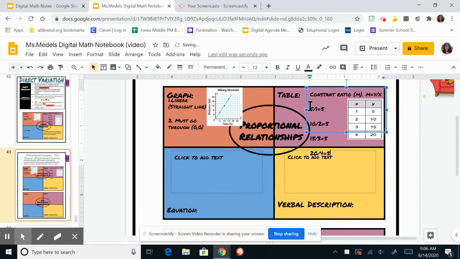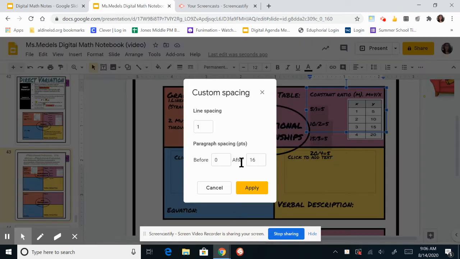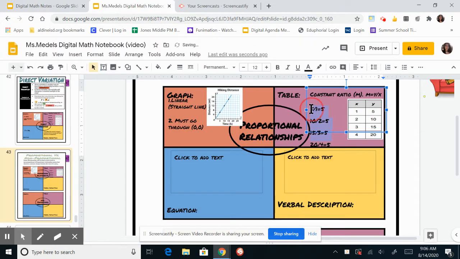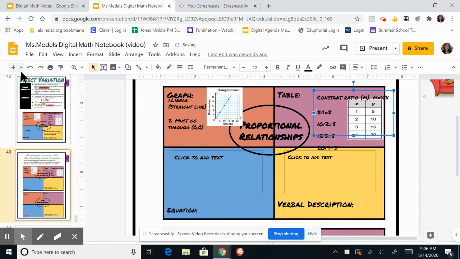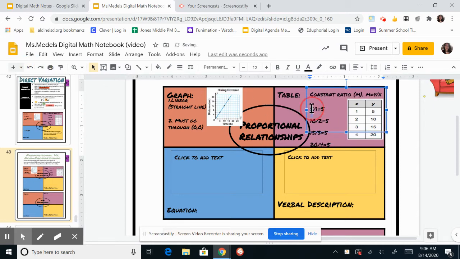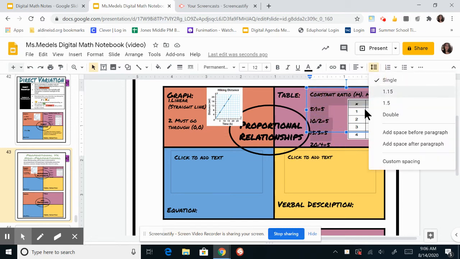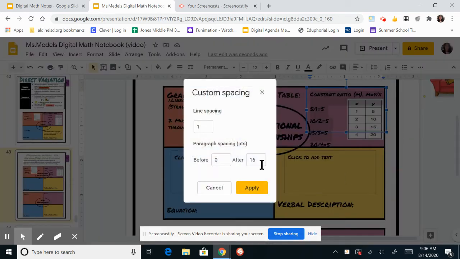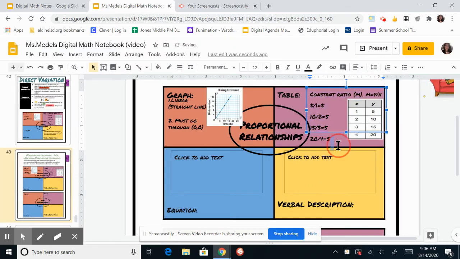And because all of my numbers are the same, that is a constant.